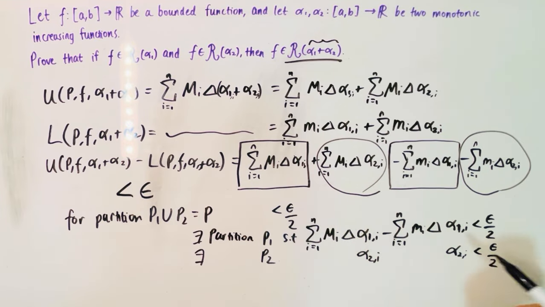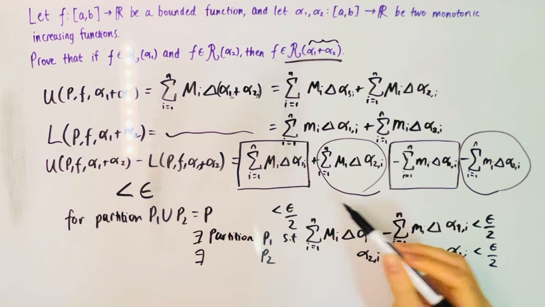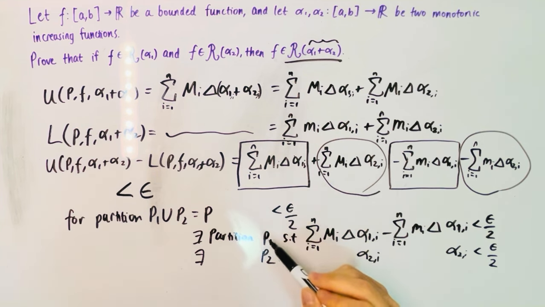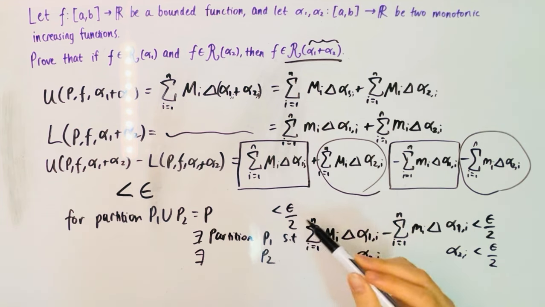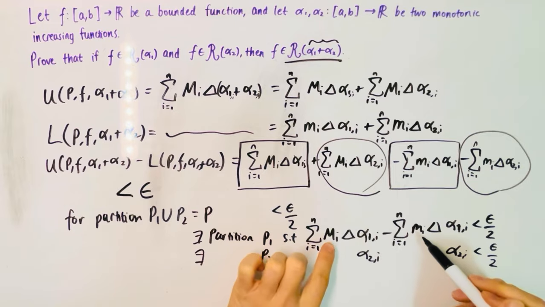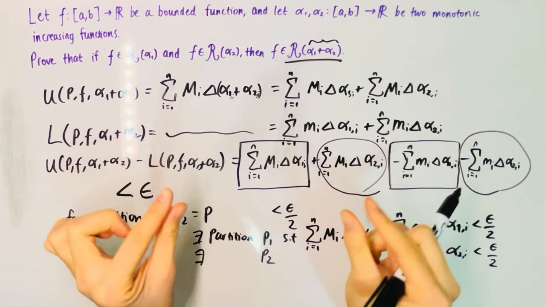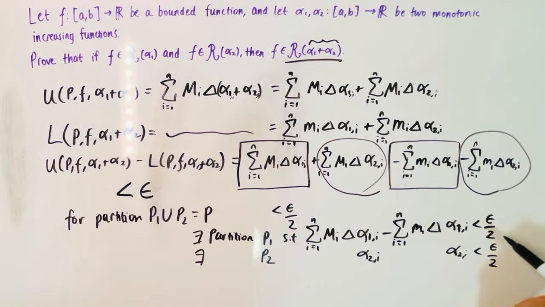Because given an epsilon for which this is less than epsilon, for any refinement of it, that is, any P with the points of P1 and more points, the supremum and infimum will be even closer to each other, because the intervals are getting smaller. So it'll definitely be less than epsilon over 2 for this refinement.